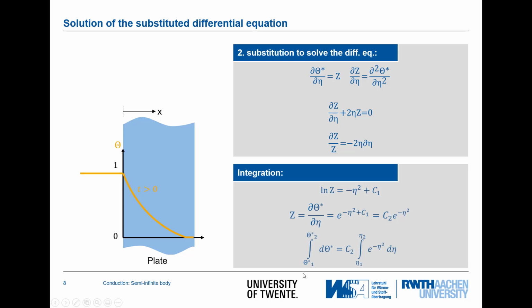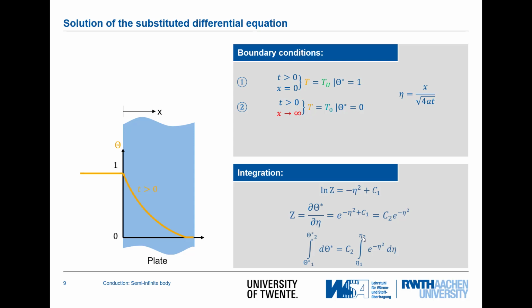Now, in order to utilize the boundary conditions to get a solution, we integrate our equation on the left side from theta star 1 to theta star 2, d theta star, and the same on the right side from eta 1 to eta 2. So what is eta 1 and eta 2, and what is theta star 1 and theta star 2? For this, we use our boundary conditions.